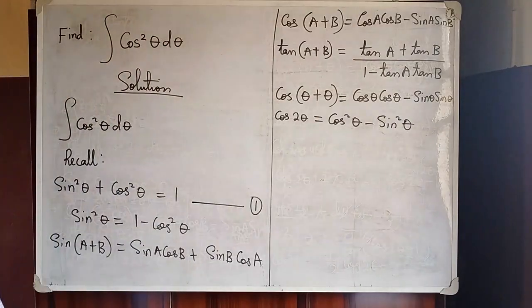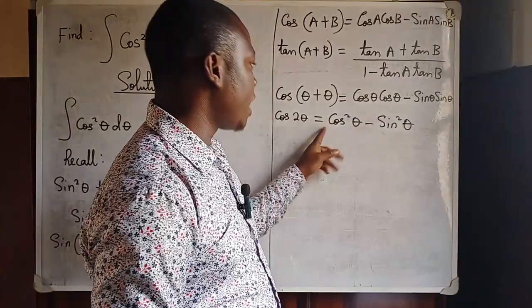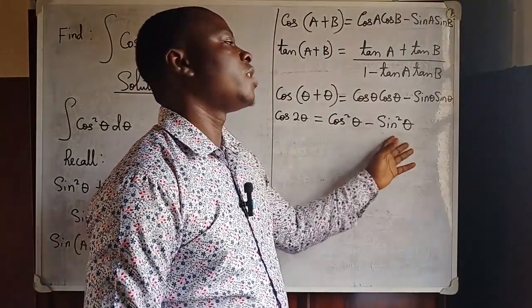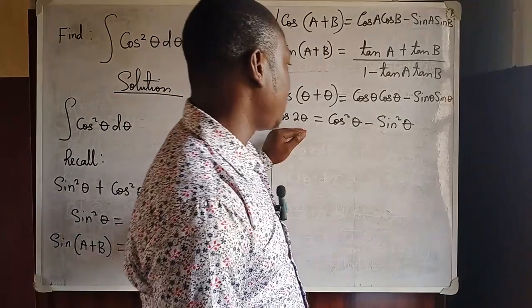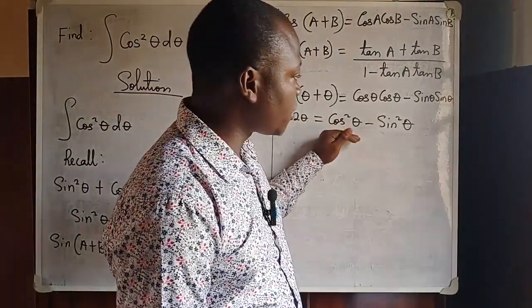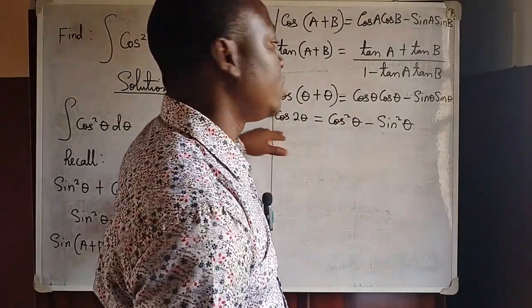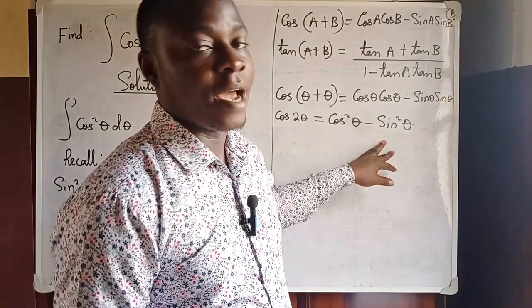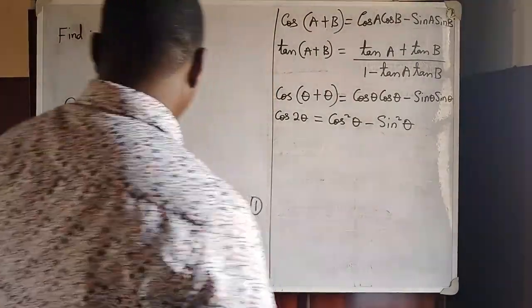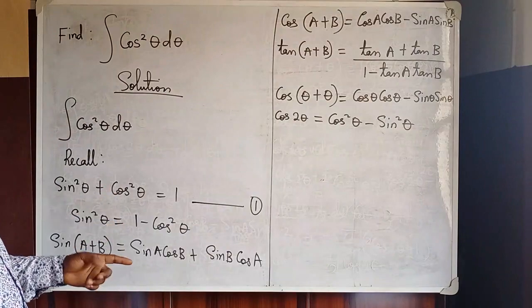All right. Now, we have cos 2 theta equals cos squared theta minus sine squared theta. In this equation, since we are having cos here and this is sine, we can make everything cos by carrying out substitution. Now, if you check, sine squared theta is equal to 1 minus cos squared theta.